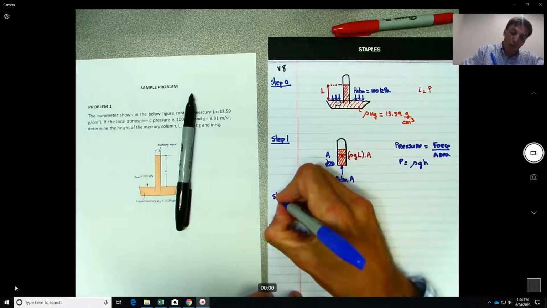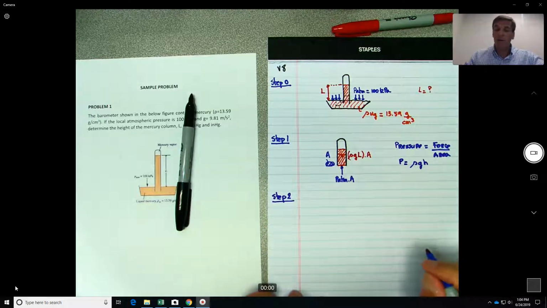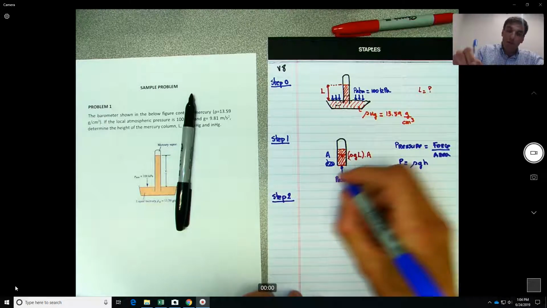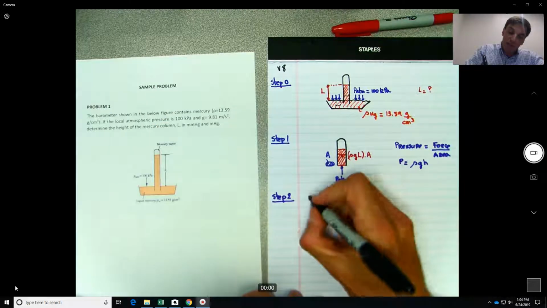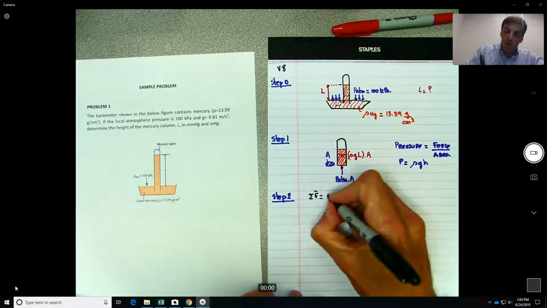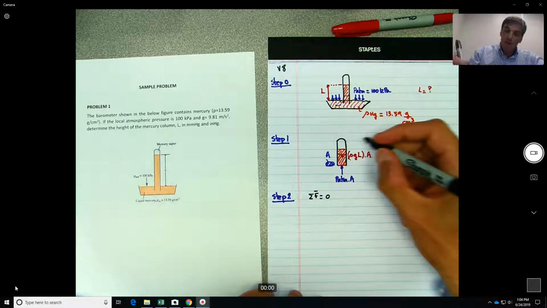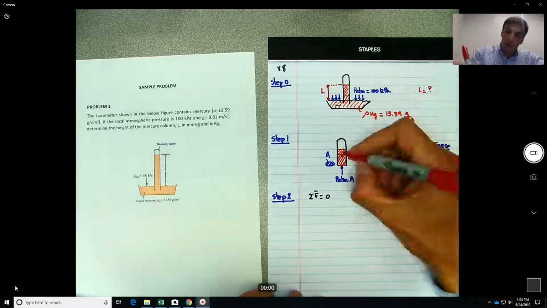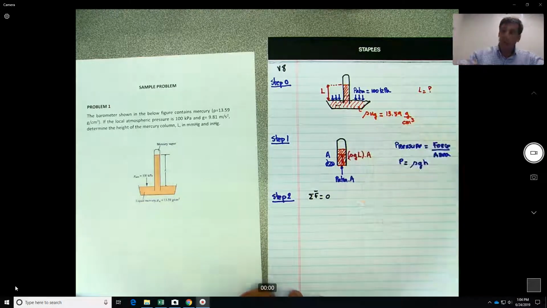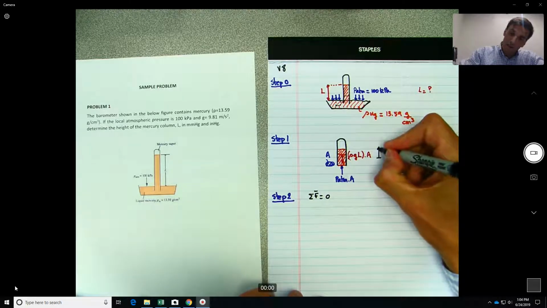Step number 2, now you need to apply the fundamental equations. So over here, the fundamental equation to use is basically the static equation, summation of forces equal to 0. Okay? So basically, if I do here, this will be the direction of the force. We take this as being positive.